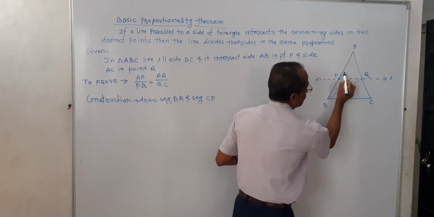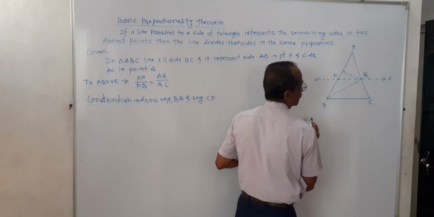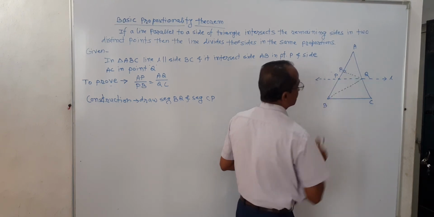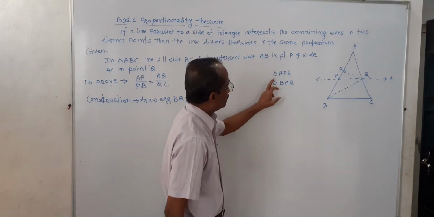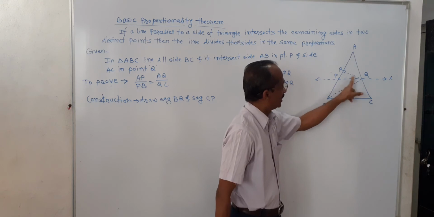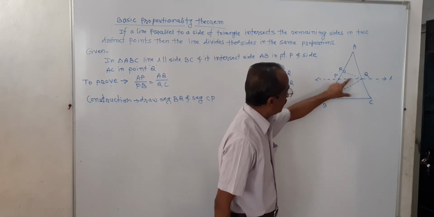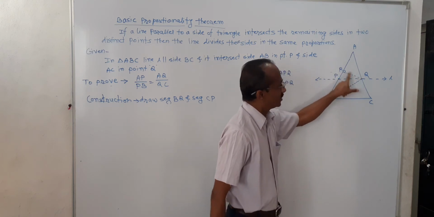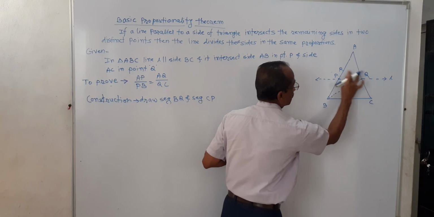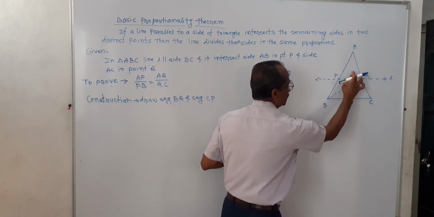Suppose QR is the perpendicular, for your convenience. Now what is the height of triangle APQ? Definitely QR. The height of triangle BPQ is also QR, and therefore the heights of these two triangles, triangle APQ and triangle BPQ, are equal.